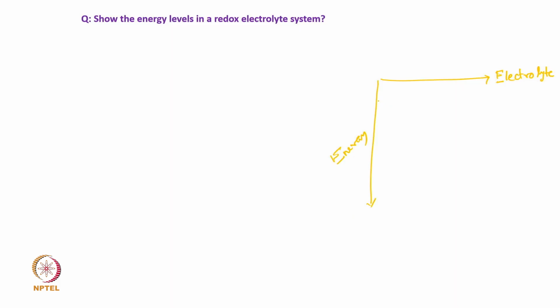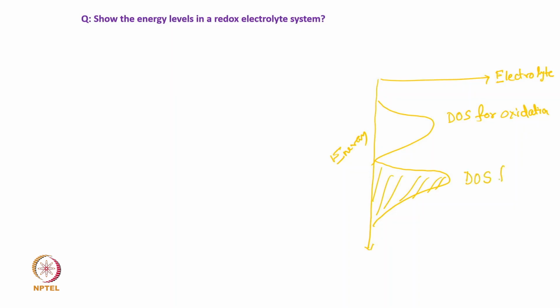We can consider one density of states, which is empty, as the density of states for oxidation, and another density of states which is filled, the density of states for reduction, and then we have an energy level here which is E redox.